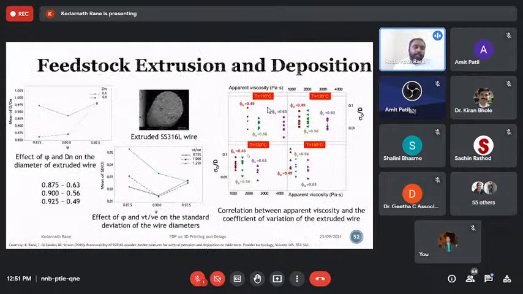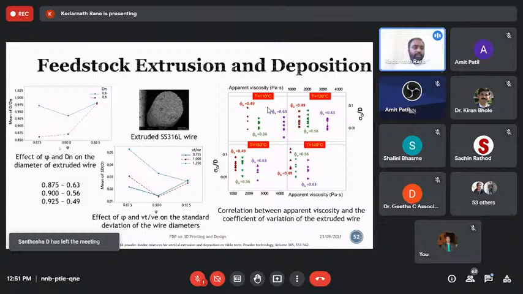Then we considered some process characteristics for understanding the deposition behavior. We considered a single strand deposition before jumping to the 3D printing. You can see here the 3D extruded wire of stainless steel. We considered it as a benchmarking geometry.